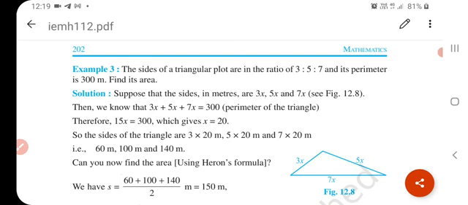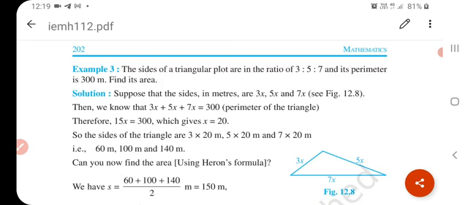So first we find the value of x: 15x is equal to 300, so x is equal to 20. Now we find the value of all the sides: 3 into 20, 5 into 20 and 7 into 20. So we get 60 meter, 100 meter and 140 meter as the sides of the triangle.